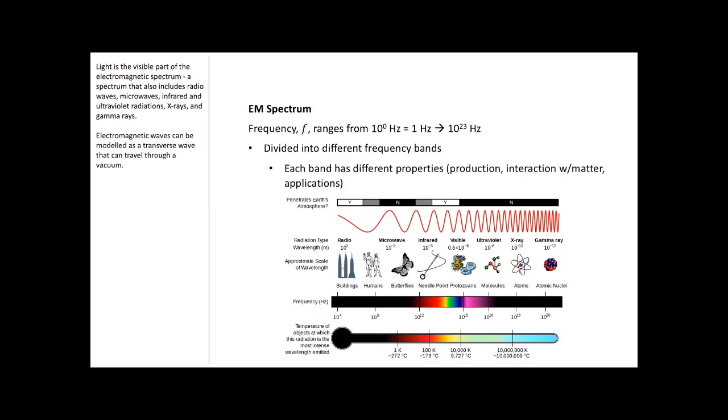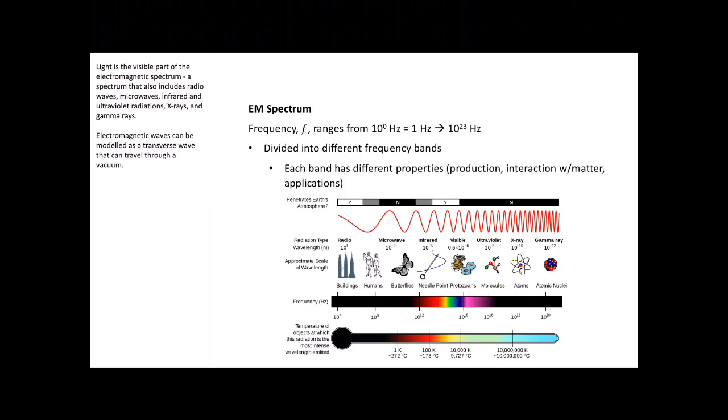So in terms of the electromagnetic spectrum, frequencies can range from 10 to the 0 hertz, which is the same as 1 hertz, all the way through to 10 to the 23 hertz. The electromagnetic spectrum is divided into frequency bands: radio waves, microwaves, infrared radiation, visible light, ultraviolet radiation, X-rays, and gamma rays.